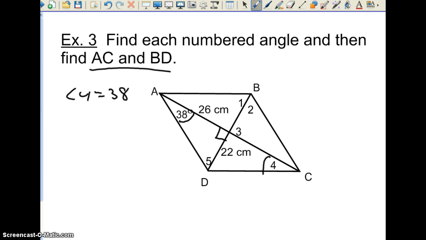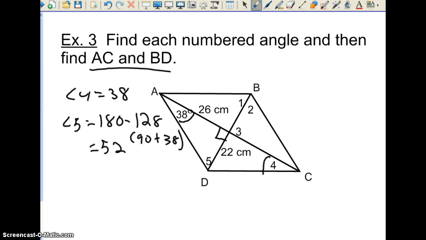Therefore, angle 5 is 180 minus 128. That's 90 plus 38, leaving us with 52. If 5 is 52, then we know angle 1 is also 52, and angle 2, because they bisect, is also 52.